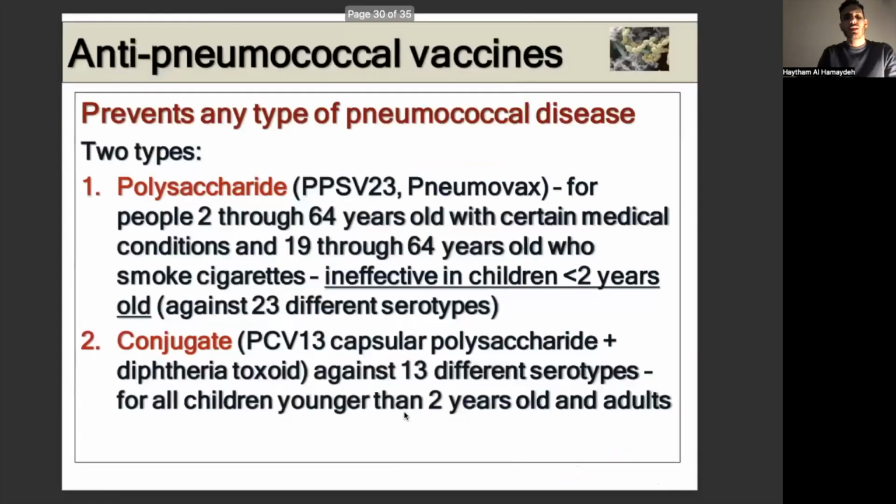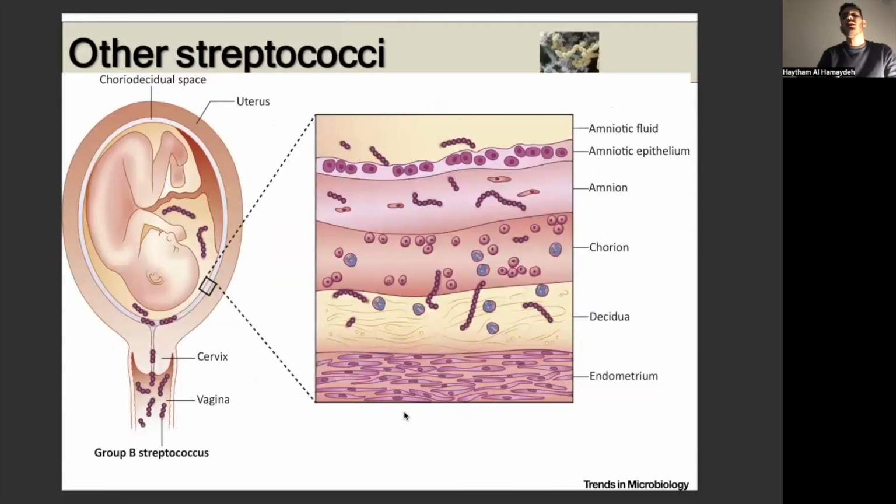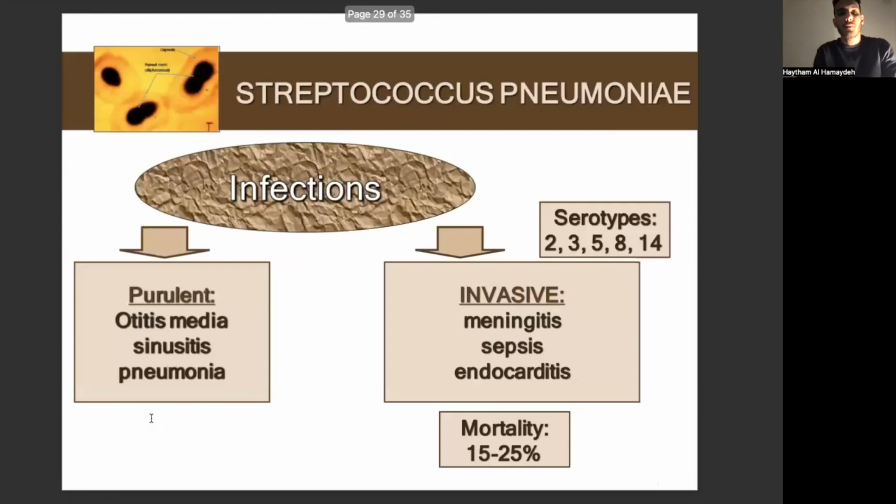Yes. So if the baby comes out in contact with this bacteria, it can cause meningitis and sepsis in babies. That is why pregnant women are tested for agalactiae at weeks 32 to 34. If agalactiae is present, penicillin is used to treat it.